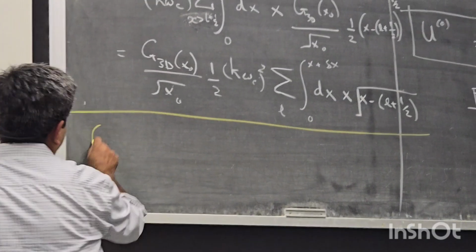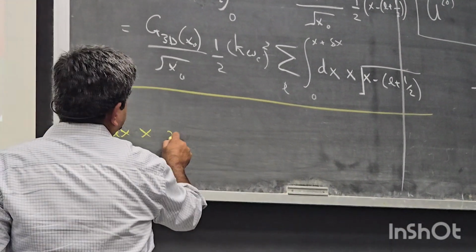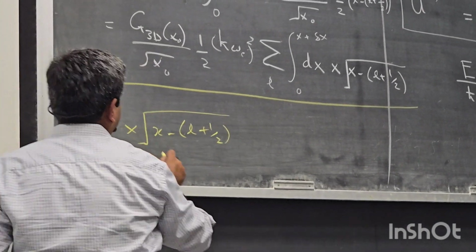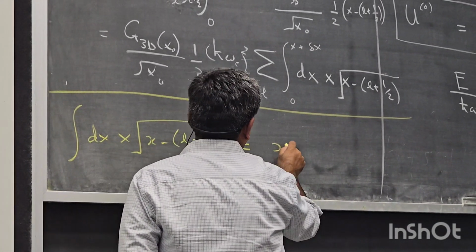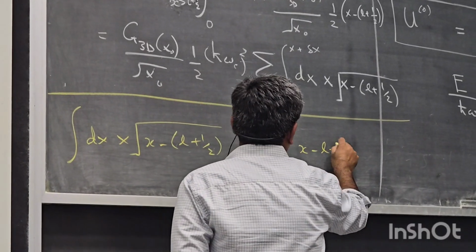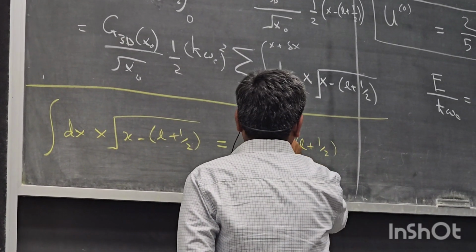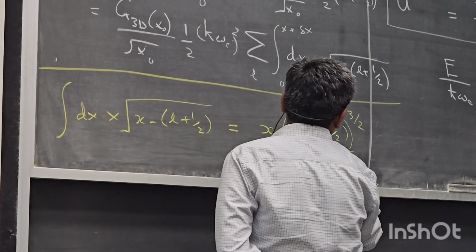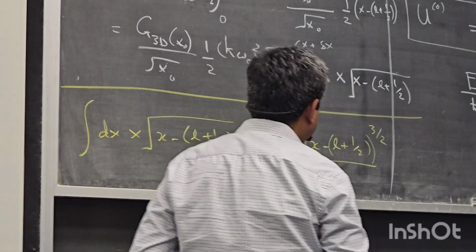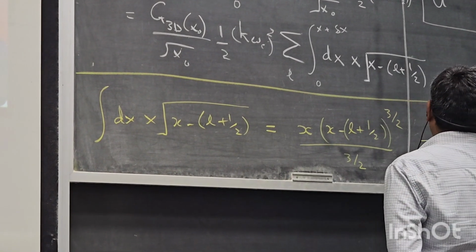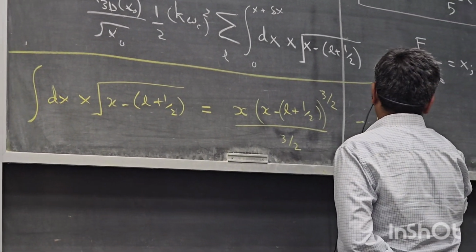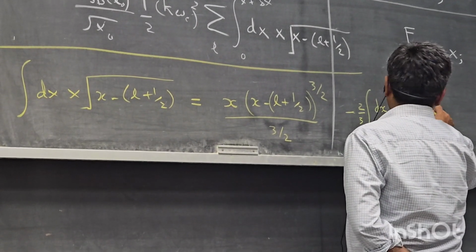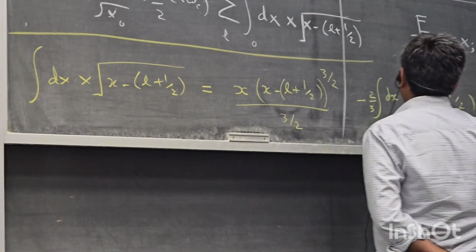So if I attempt to do this, integral of dx x over the square root of x minus L plus half, this is x times (x minus L plus half) to the 3/2 divided by 3/2, minus the integral of dx 2/3 (x minus L plus half) to the 3/2.